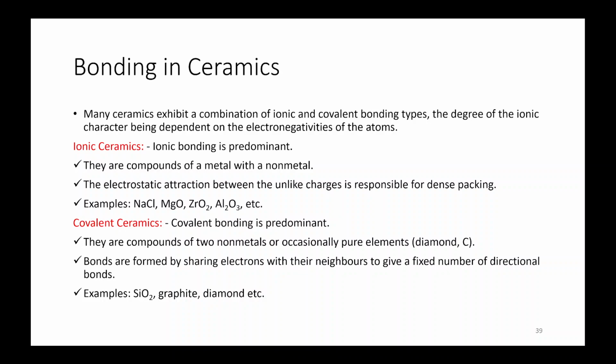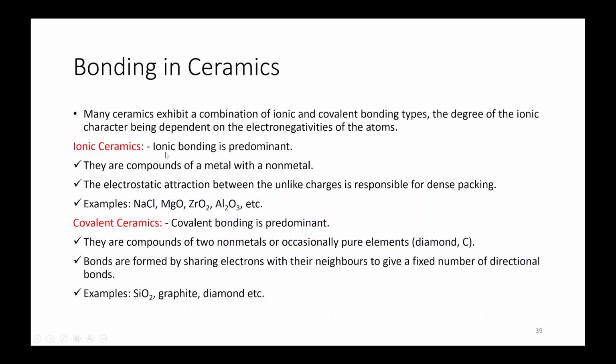Now, bonding in ceramics. Depending on the type of bonding, ceramics can be classified into two types: ionic ceramics and covalent ceramics. Many ceramics exhibit a combination of ionic and covalent bonding, the degree of ionic character depending on the electronegativities of the atoms.